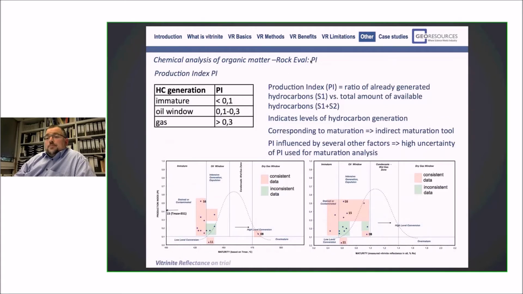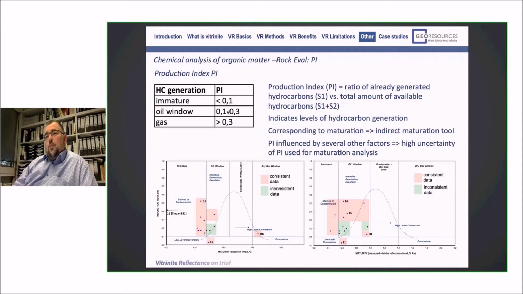Another parameter that is quite often used in studies is the production index, PI. And here we see as a rough sketch how it is used. Immature below 0.1, oil window 0.1 to 0.3, above the oil window, so gas and overmature, above 0.3.